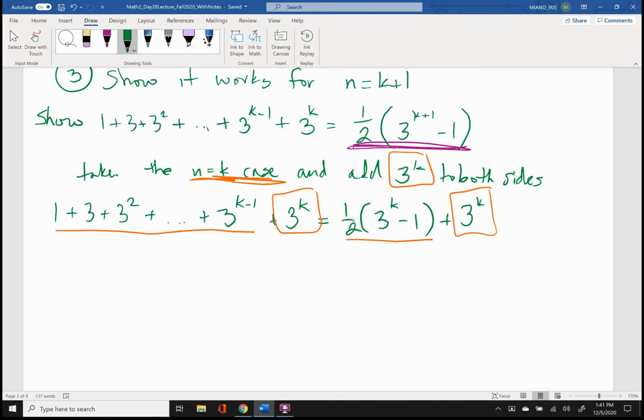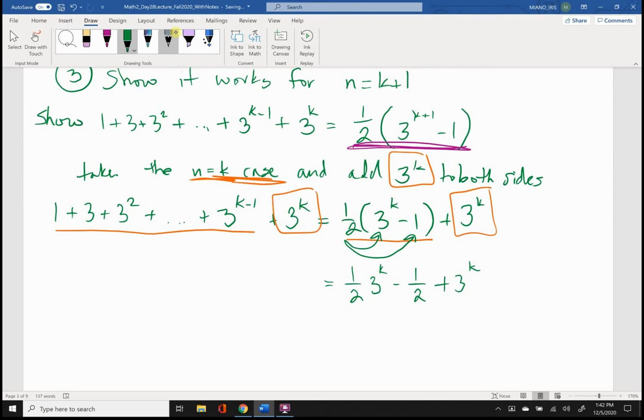So what do we need to do in order to make this happen? Basically, we're going to distribute this 1/2 right here and here, and then combine like terms. So watch this. We'll have 1/2 times 3 to the k power minus 1/2 plus 3 to the k. So we have half of a 3 to the k and a whole 3 to the k.